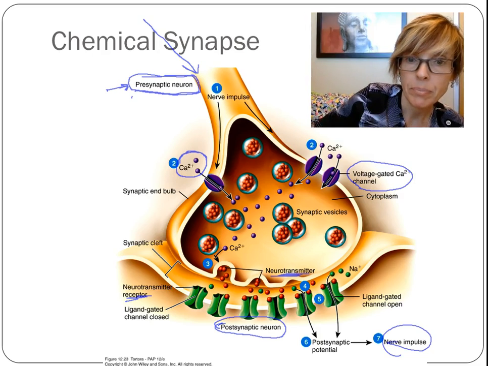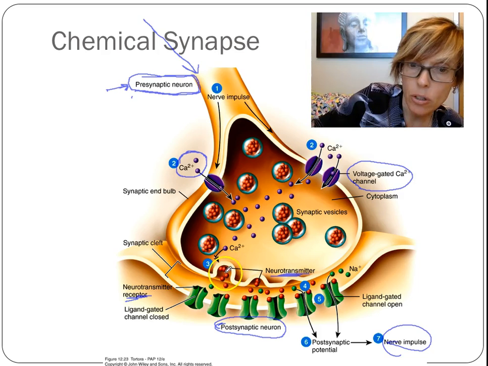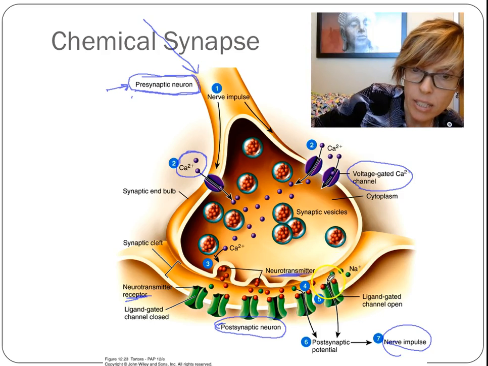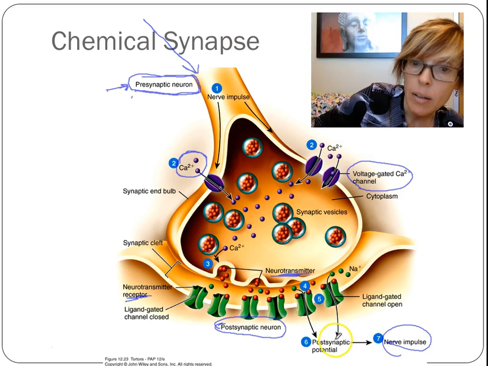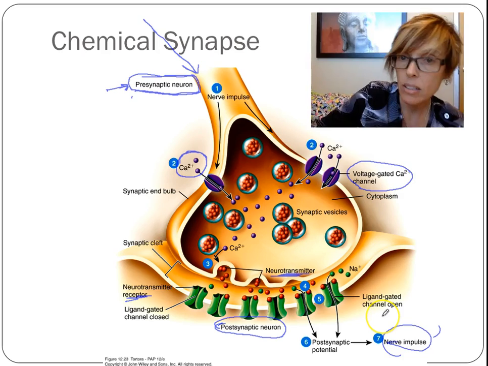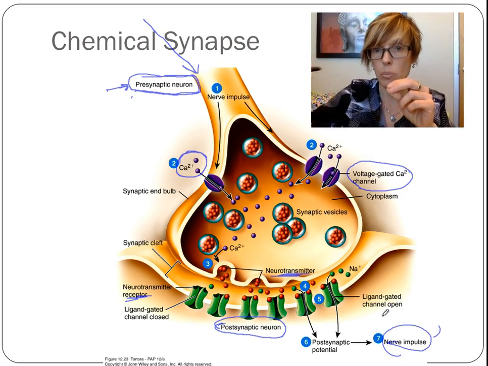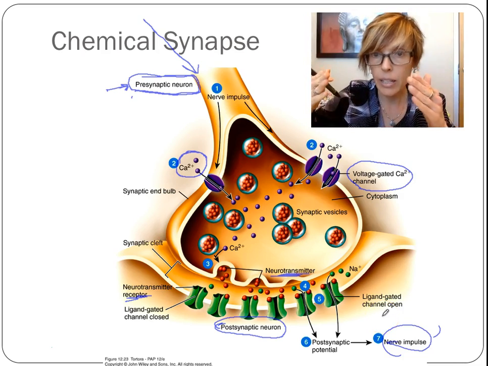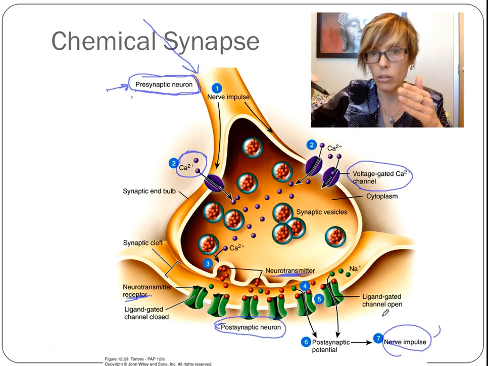So hopefully that makes sense. Again, it's to release these neurotransmitters across the synaptic cleft. It binds to receptors, causing them to open. And then as you can see, sodium continues into this cell. That causes a depolarization in the postsynaptic neuron, which can cause a nerve impulse. And then the cell signal is transmitted to another part of the brain, another neuron, to another neuron, to another neuron.